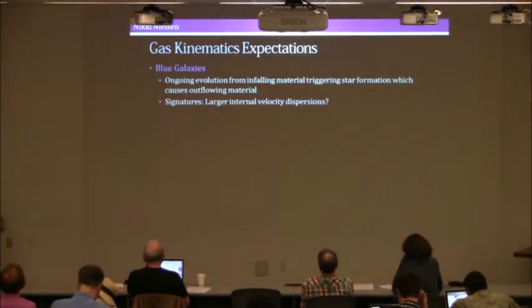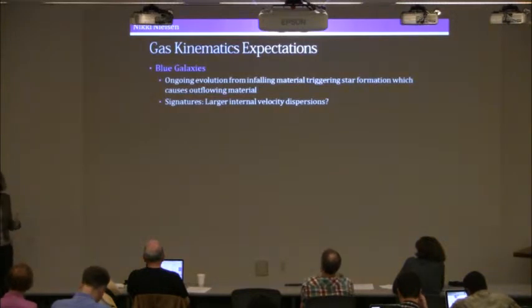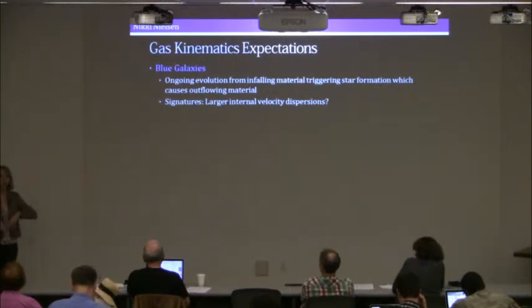Before I go into my results, I wanted to bring up some possible expectations we might see with these TPCFs for different galaxy types. One of the cuts we did was in color. For blue galaxies, we know that they have ongoing evolution where you have infalling material which causes star formation, which then triggers outflows.